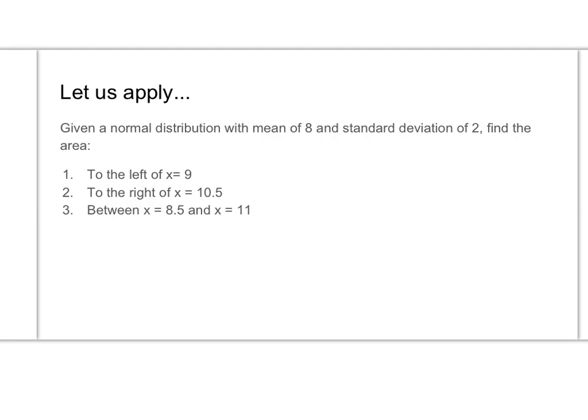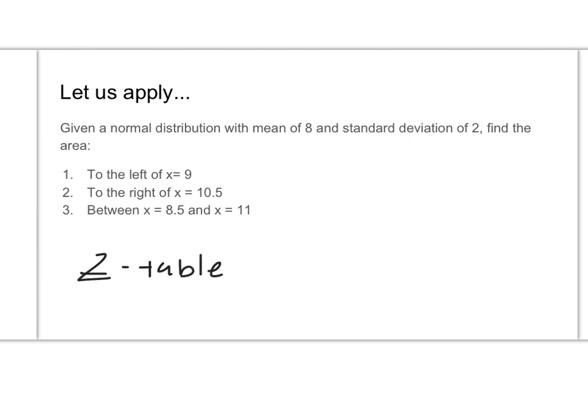Now take note, this is very important: before you can use the z table, you have to use z and not x. It is called the z table because it is for the z values, right?